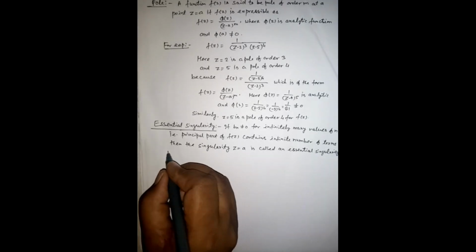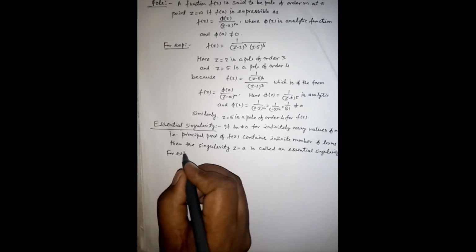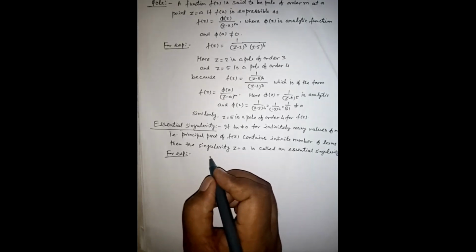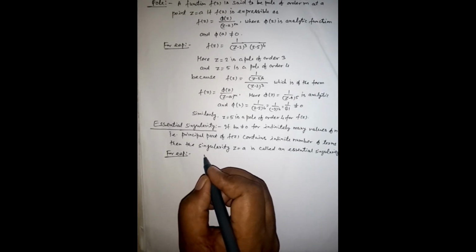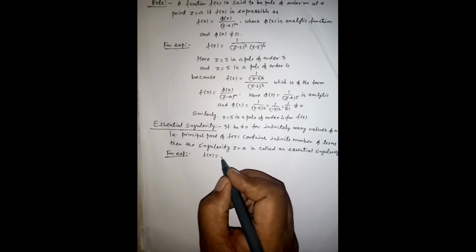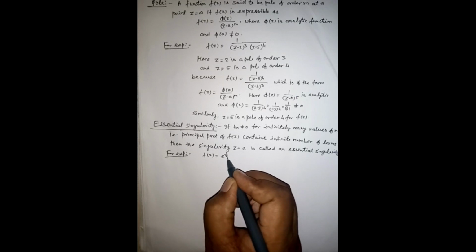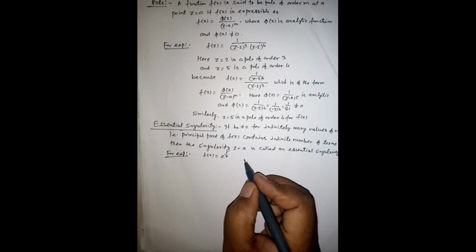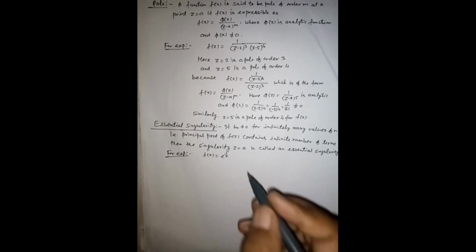For example, if you consider the function f(z) equal to e power 1 by z, it has an essential singularity at z equal to 0.